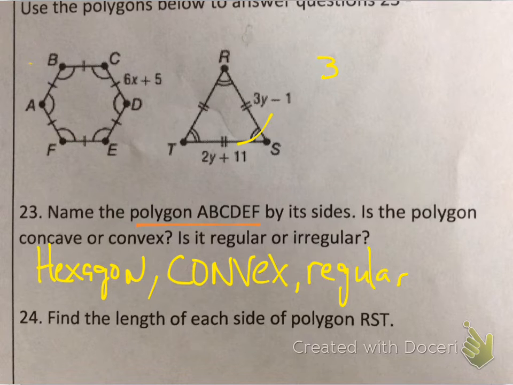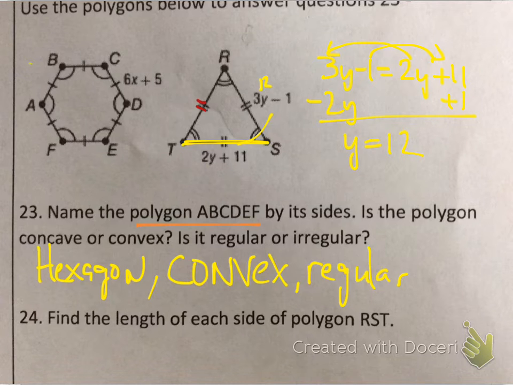Keep that in mind. Okay, so now find the length of each side, RST. For this triangle, if you notice these little hash marks, they tell you that all these sides are the same. So I can set 3y minus 1 equal to 2y plus 11. Again, variables to the left, numbers to the right. So I'm going to subtract or add, and then if I need to, I'll divide.